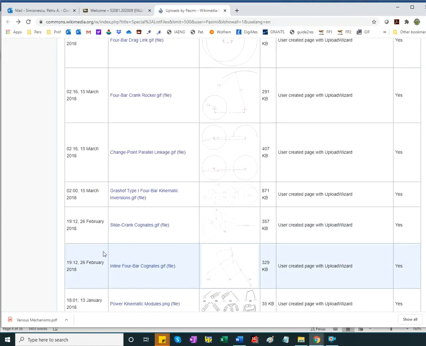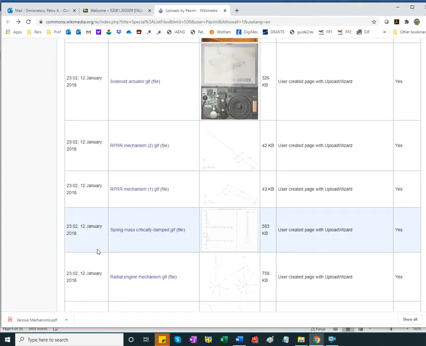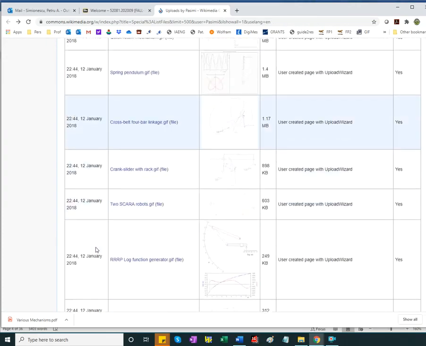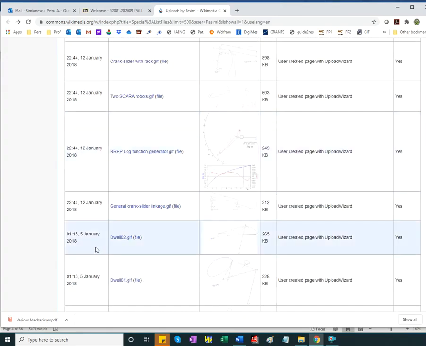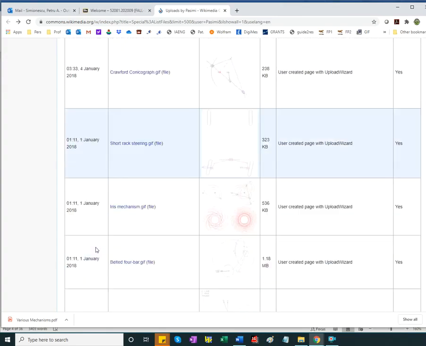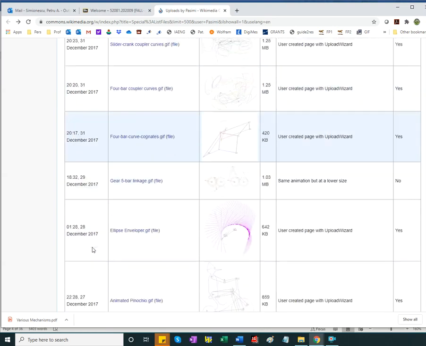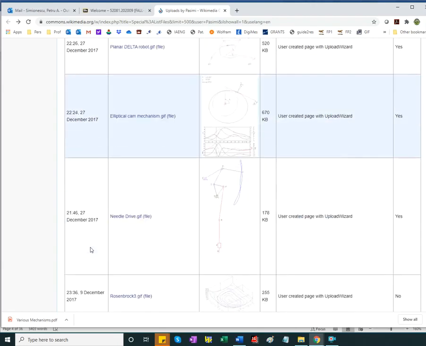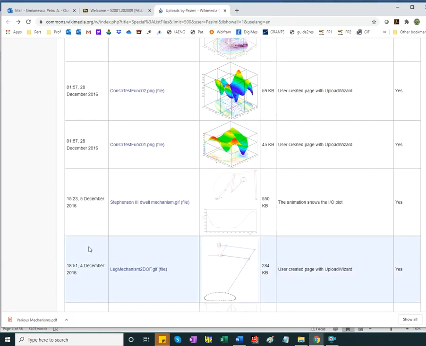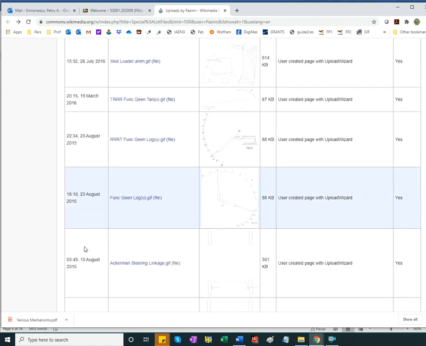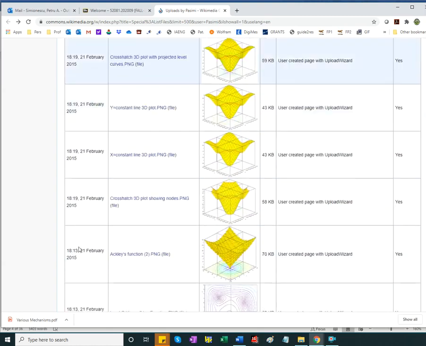Anything else? I believe I do have one where the simulation is uploaded where the coupler is driven full turn, full rotation.